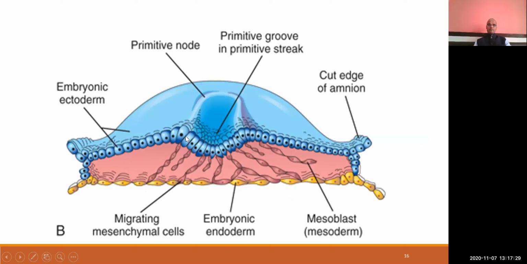These are cells. The embryonic ectoderm cells from epiblast, migrating mesenchymal cells, embryonic endoderm, and mesoblast are mesoderm cells.